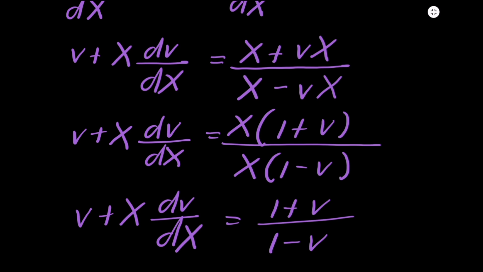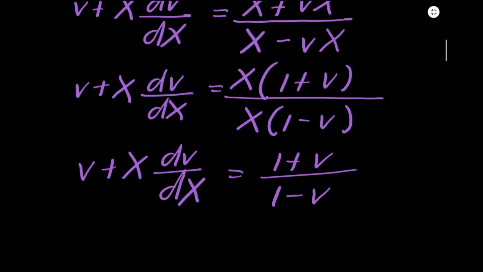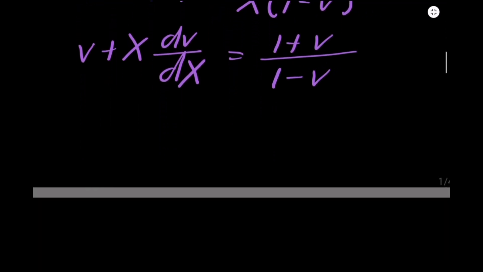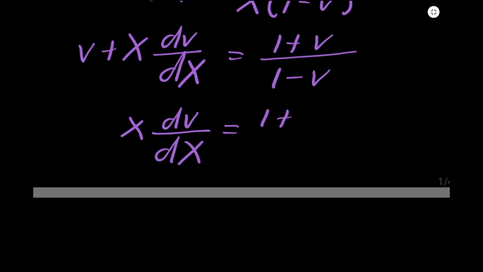Now, let us simplify this. So we can move the v term from left to right. Okay? So we are going to move this v to the right side. So X dv/dX equals (1 + v) over (1 - v) minus v.